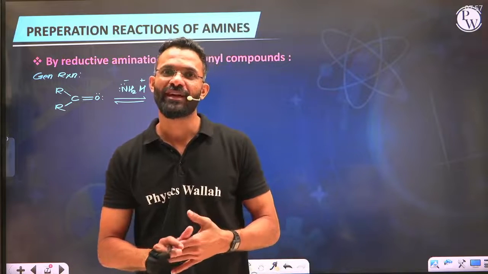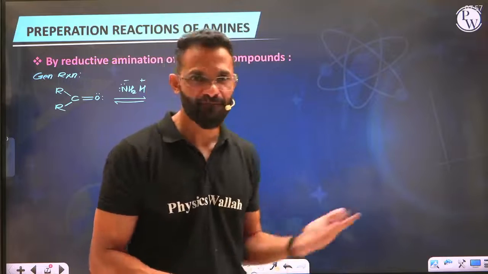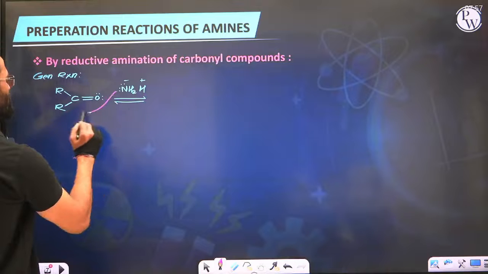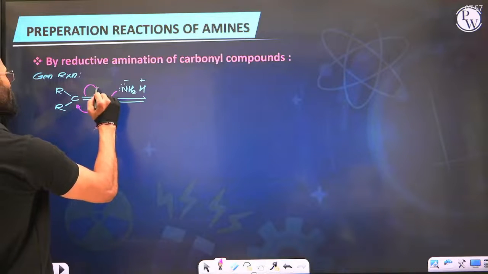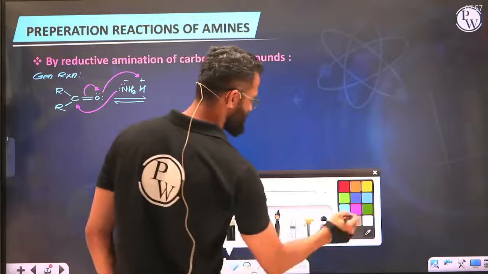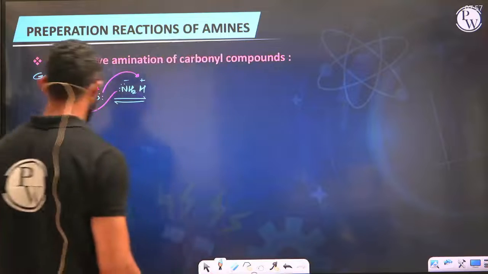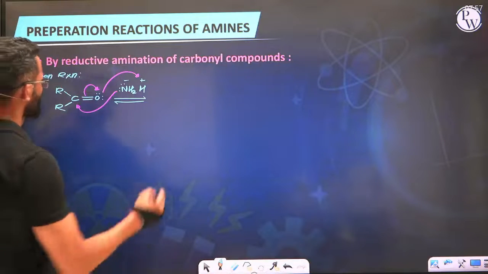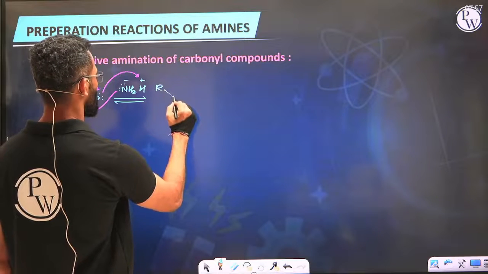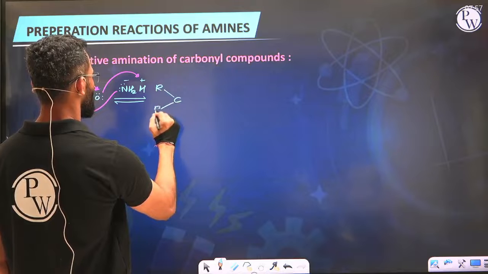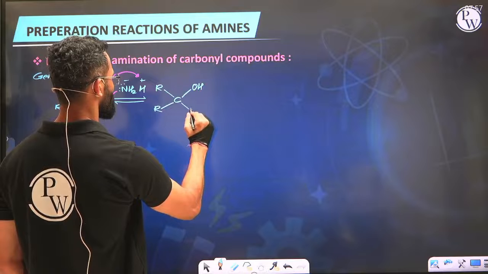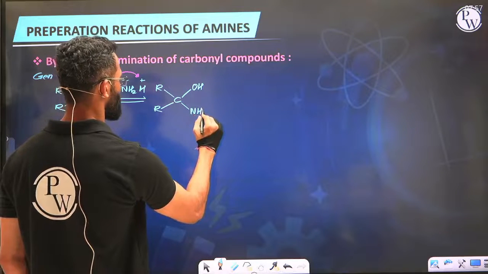And generally nucleophilic addition reactions are found to be reversible. So here, let's say NH2 got attached here, this bond broke over O, making it O minus, which accepted H plus. So what we have got here is R, C, R, single bond OH and NHH.